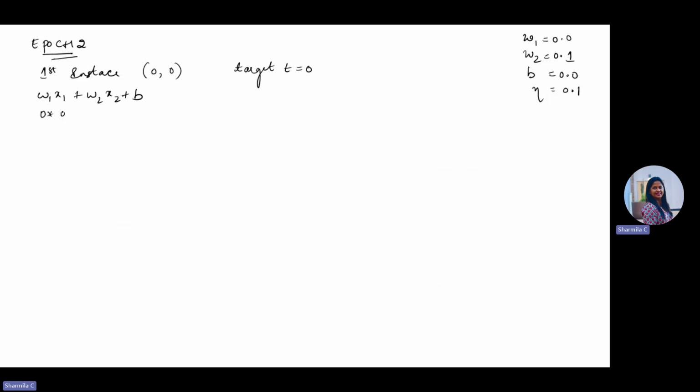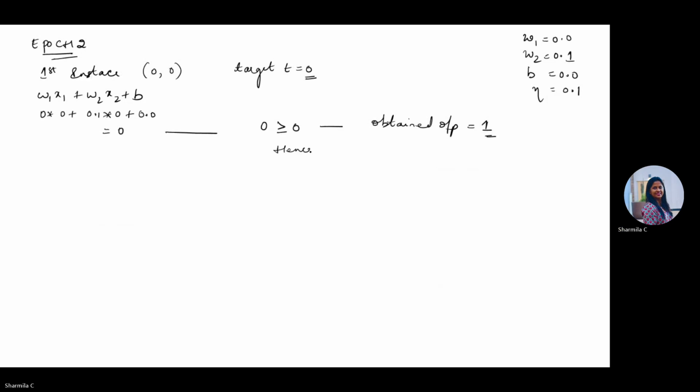So it is 0 into 0 plus 0.1 into 0 plus the bias 0. It is nothing but 0. When it's sent to the activation function, since 0 is greater than or equal to 0, the obtained output from the activation function is 1.